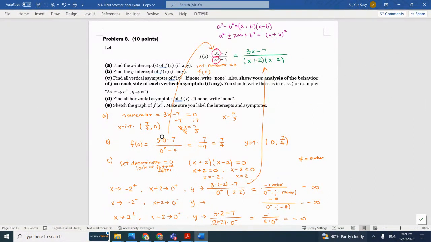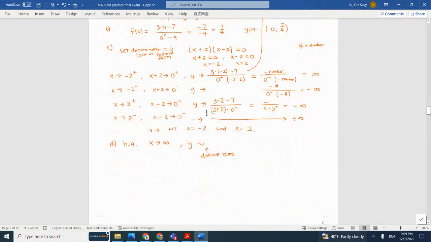So 3x over x squared: one copy of x cancels, and we have 3 over x. When x goes to infinity, 3 over infinity goes to 0. And also when x goes to minus infinity, y also behaves like 3 over x and goes to 0. Therefore, the horizontal asymptote is y equals 0.